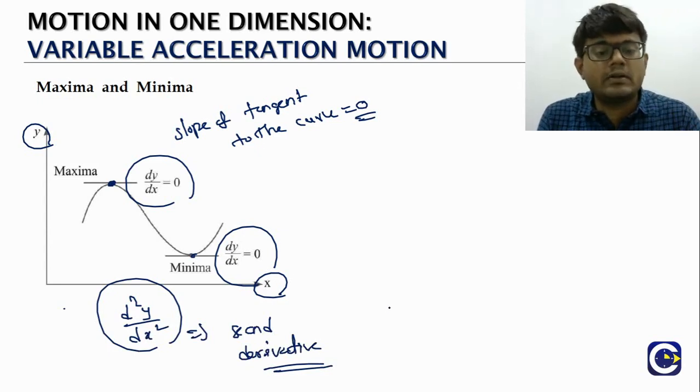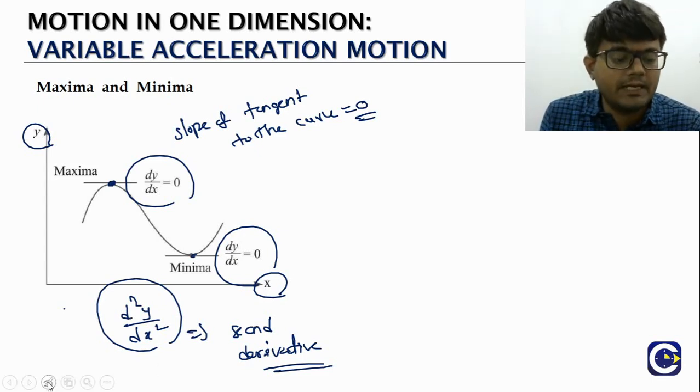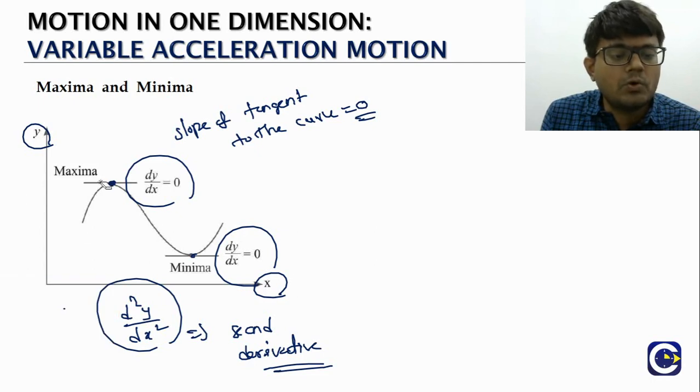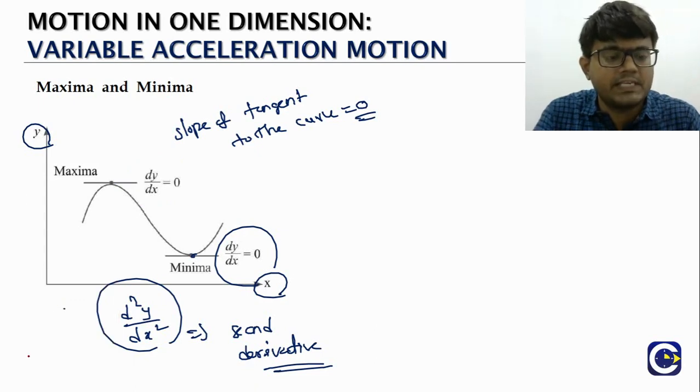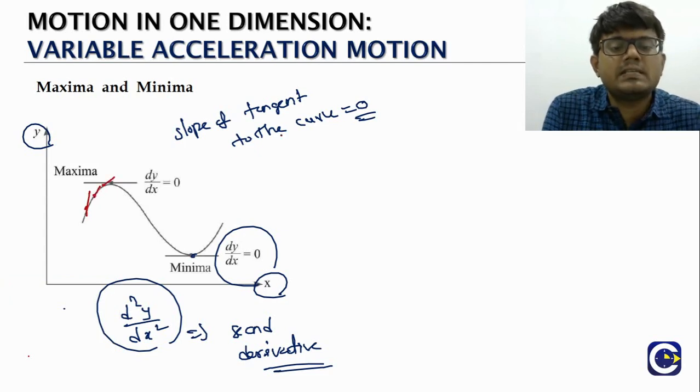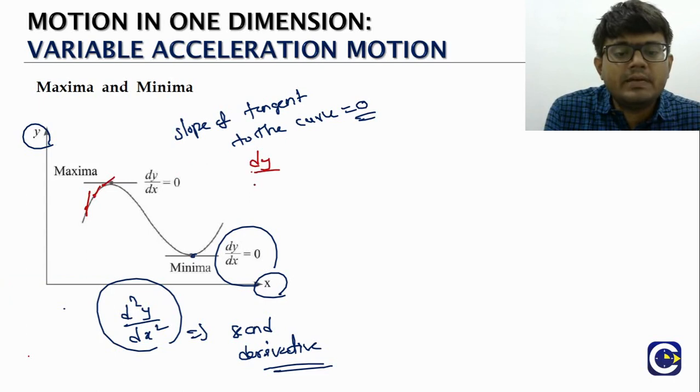So how will the second derivative actually help us identify whenever the function is reaching the maximum? If you look at what is happening to the slope of the tangent, here if you draw a tangent it will be like this. Here if you draw a tangent it will be like this. So what we see is that the dy by dx value keeps decreasing.